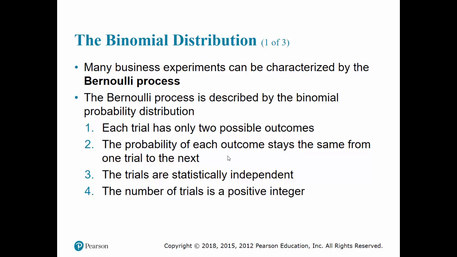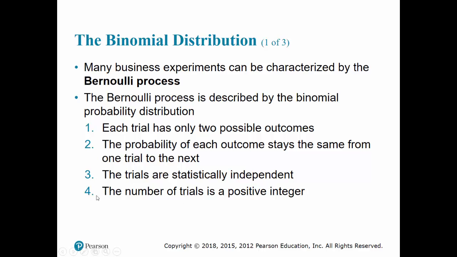So the probability staying the same from one trial to the next is a requirement, and conditions 2 and 3 are the same thing. If the probabilities are the same trial after trial, then the trials are said to be statistically independent.